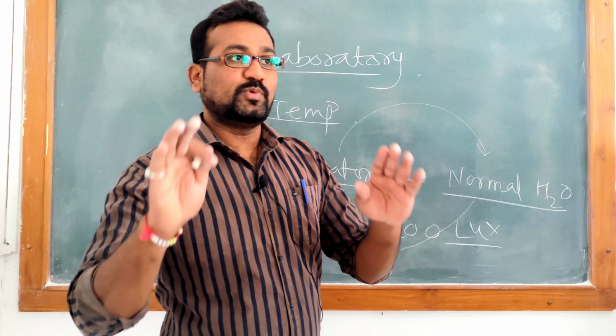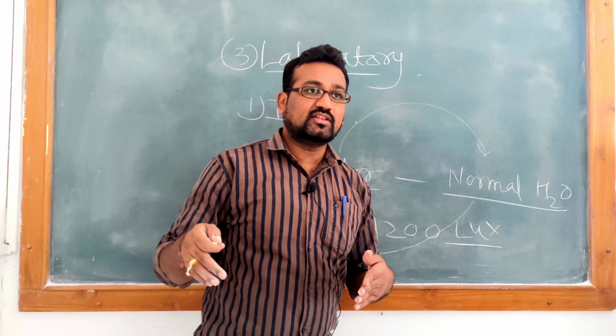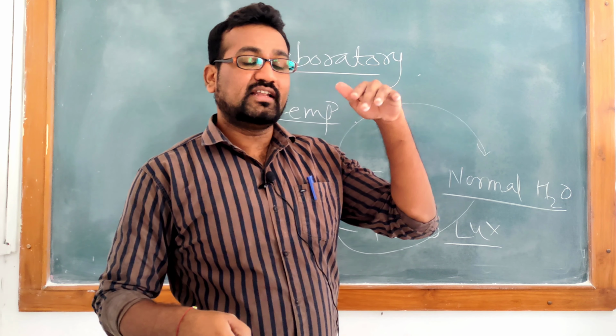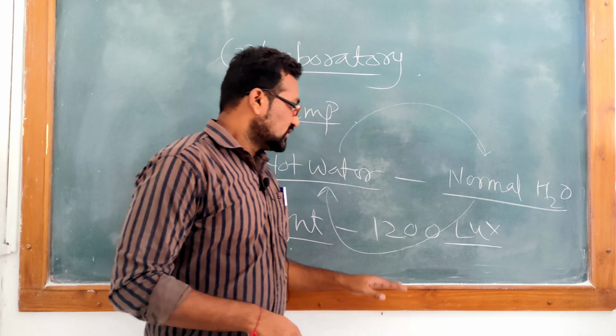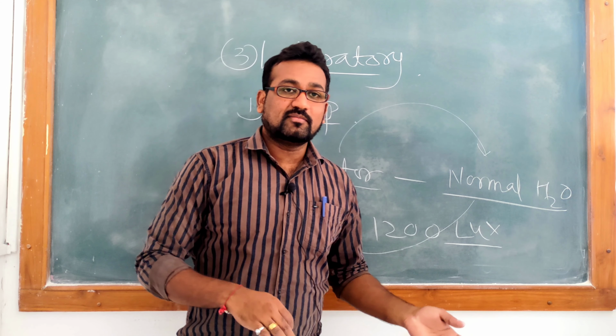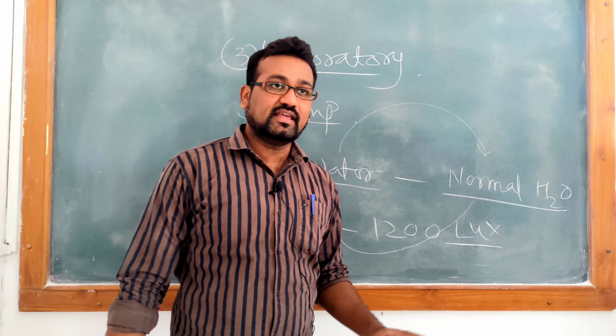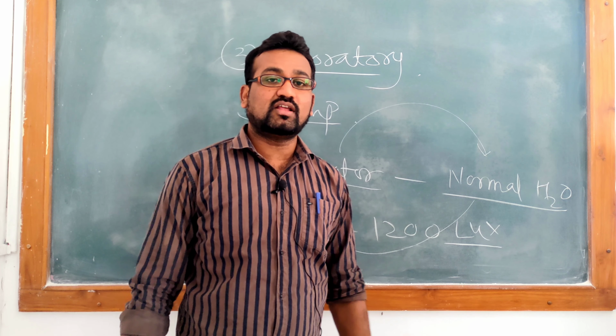So the seeds will get biochemically active inside, because light penetrates. If the wavelength of light is very small, then it definitely penetrates the seed coat. So the seed coat can be treated externally, but on the internal side, by treatment of light, you are inducing internal metabolic changes in the seed.